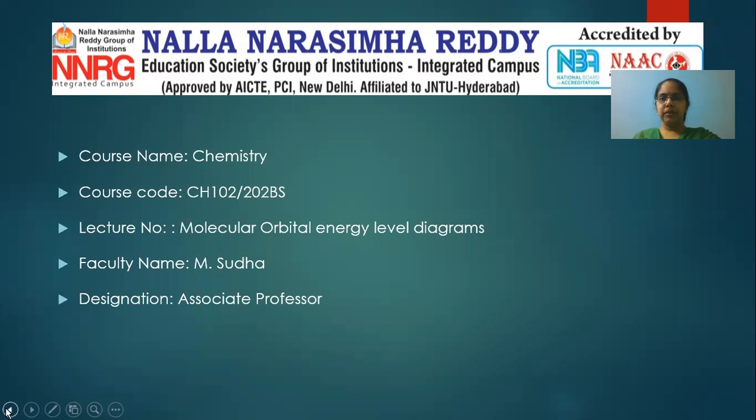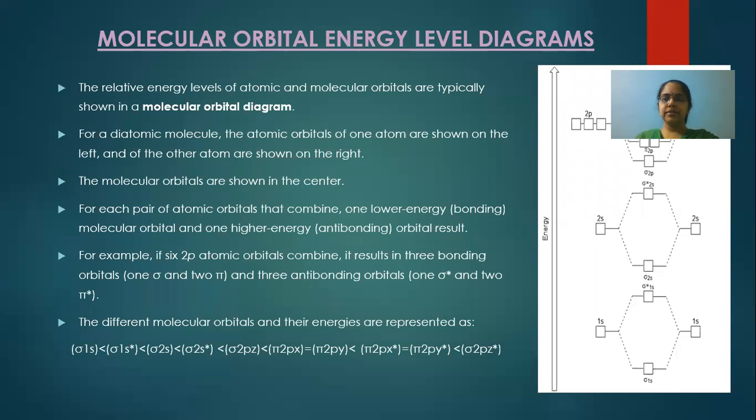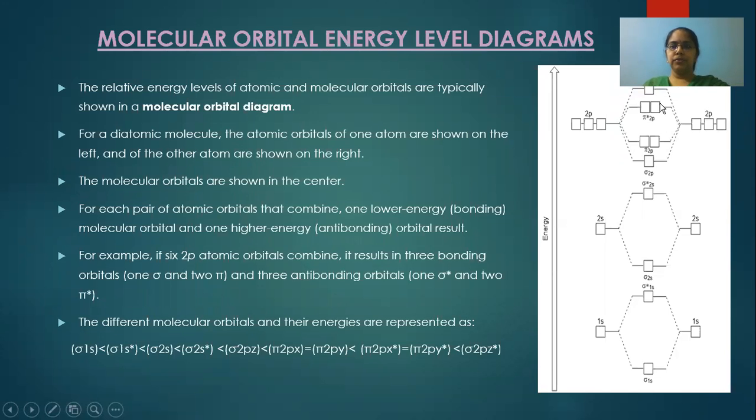I'm going to explain to you about molecular orbital energy level diagrams. The energy levels of various atomic and molecular orbitals are represented in a molecular orbital energy level diagram. While drawing the energy level diagram, the atomic orbitals of the atoms are drawn on the left, whereas the molecular orbitals are drawn in the middle.